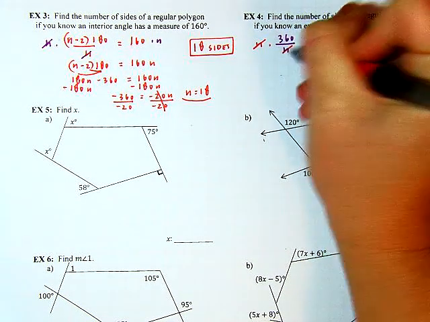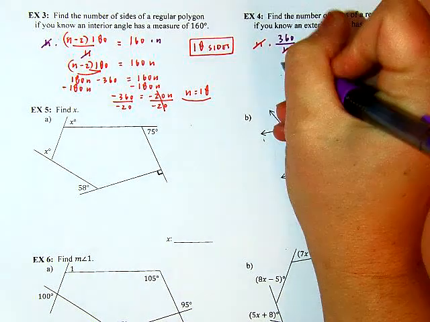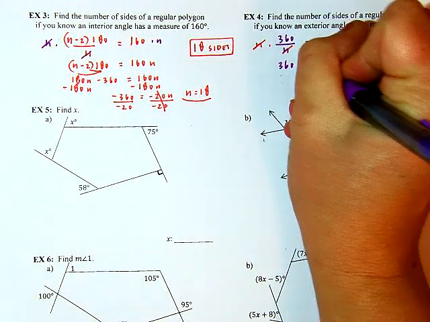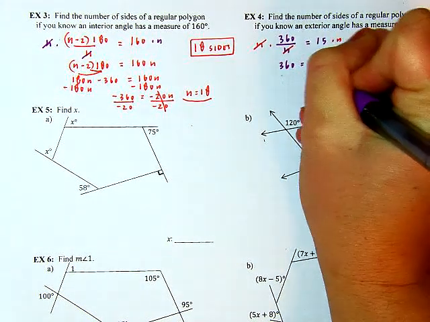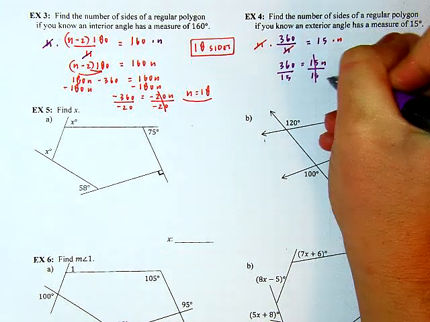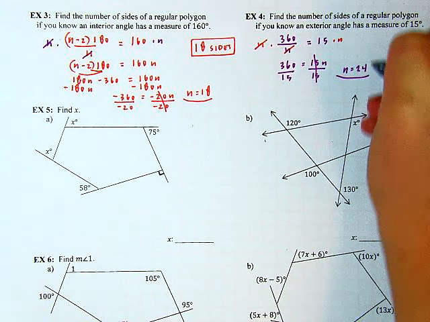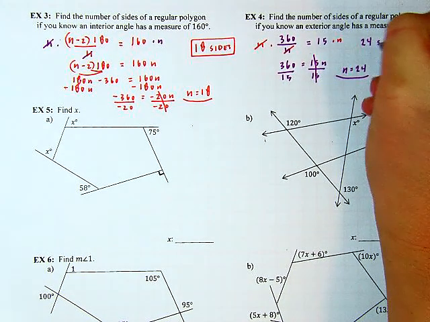So again, 1 to 1 here, and I have 360 equals 15n. I can divide away the 15, and I get that n is 24. So my figure has 24 sides.